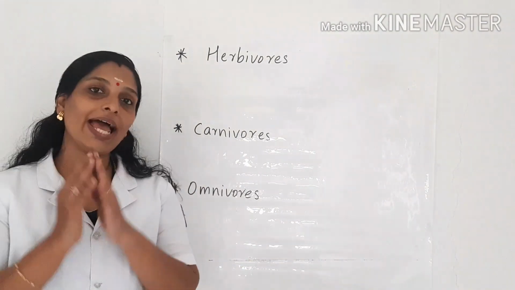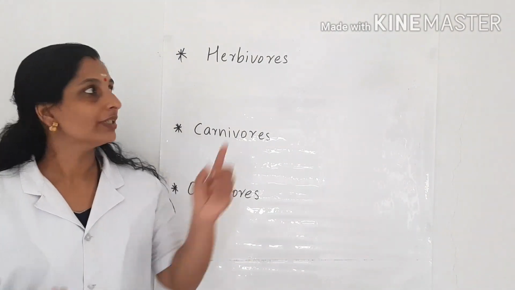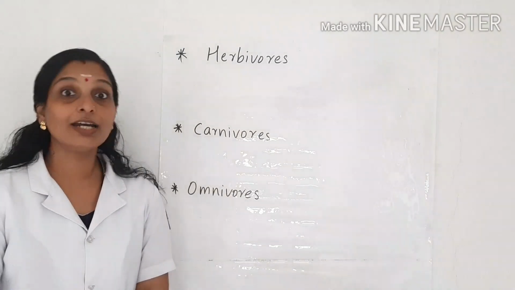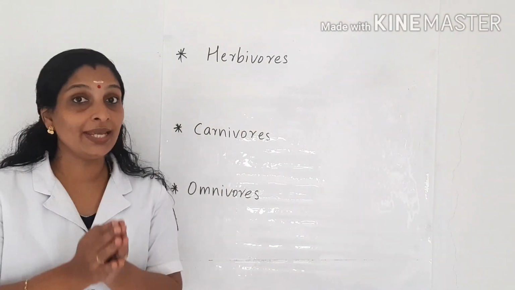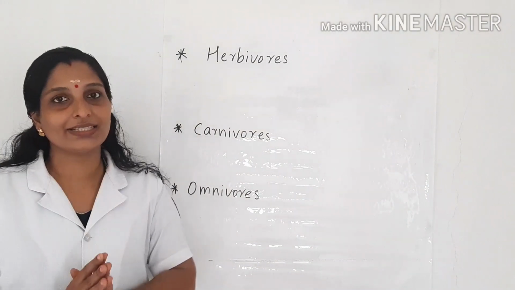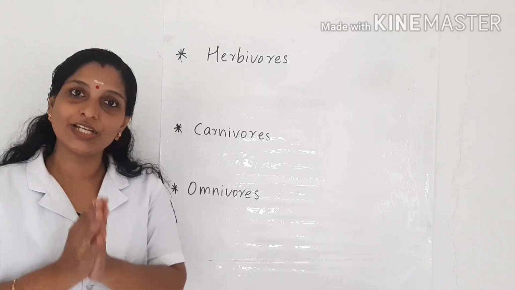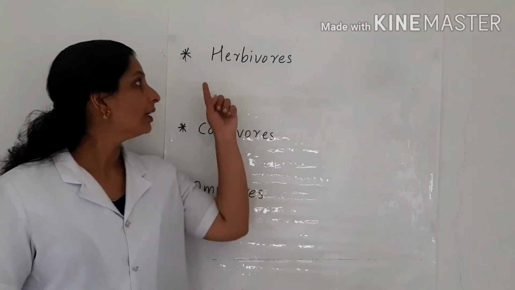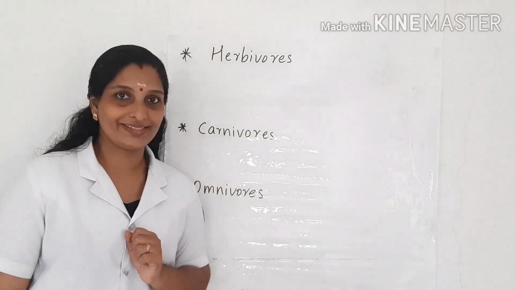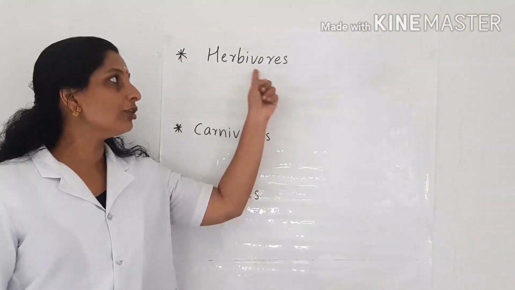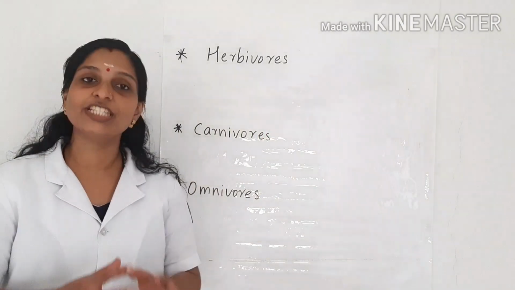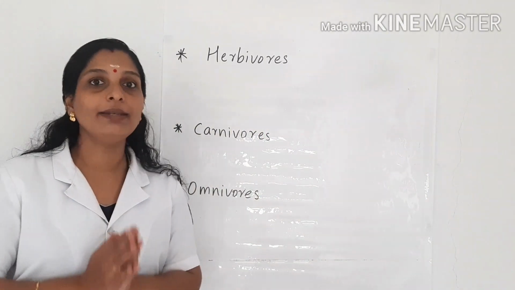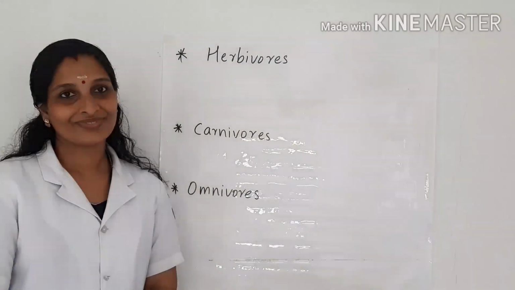Which animals will be included in each group? Herbivores. From the name itself, we can understand which type of animals are included in this group. Herb is a type of plant. So, herbivores means animals which eat only plants and plant products.